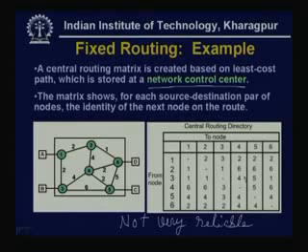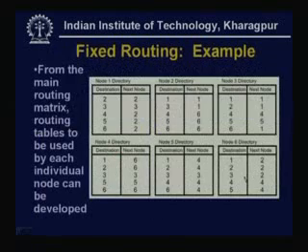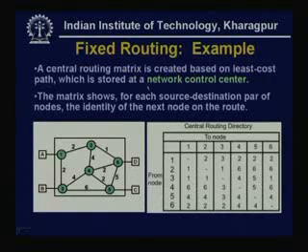Another alternative is to divide this routing directory and create separate directories for each of these nodes. That means in each node you can keep a small copy of this particular directory. Previously we have seen there is a big directory, and from this you can create a directory corresponding to each of these nodes.